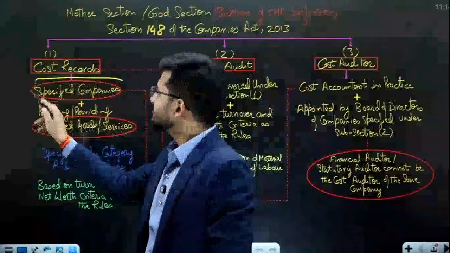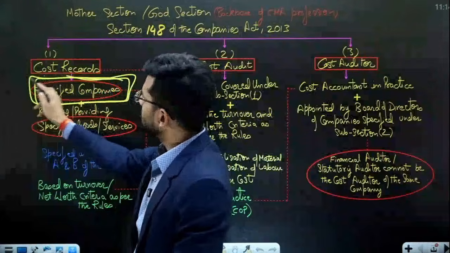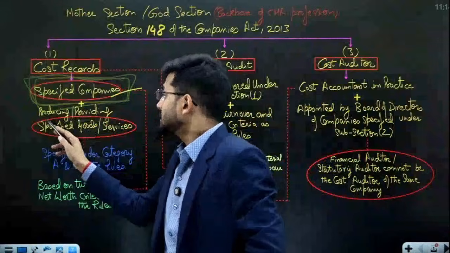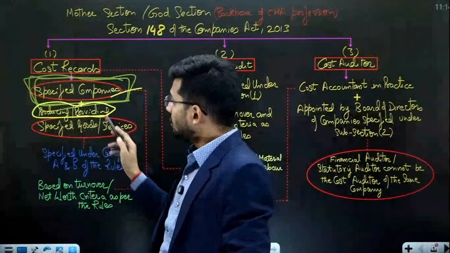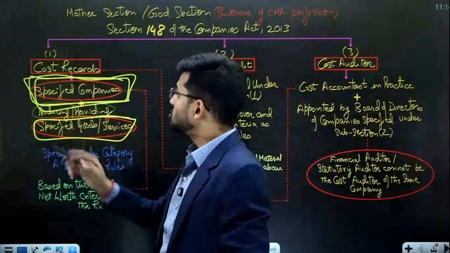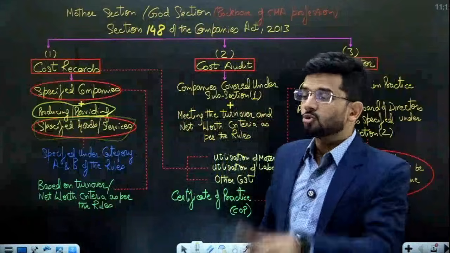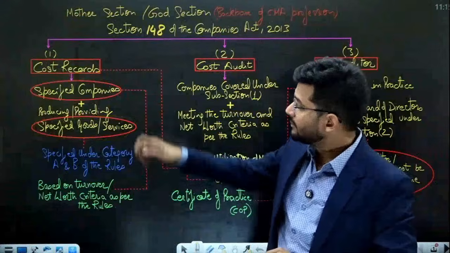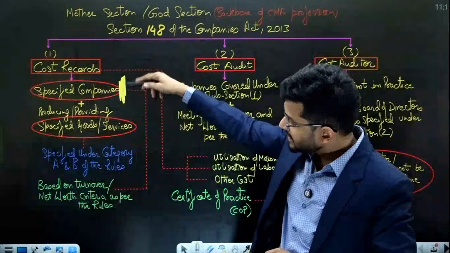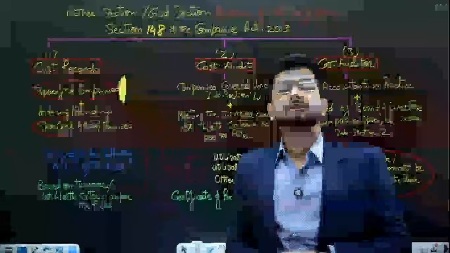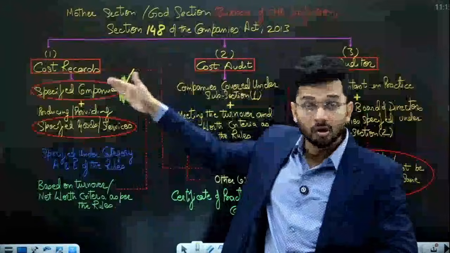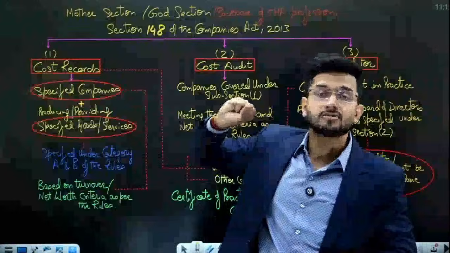Okay. So specified companies are required to prepare their cost records, only specified companies, not all the companies, plus companies who are producing or providing specified goods or services. So there are two thresholds listed by this subsection. Number one, you should be a specified company, which means you should fulfill the turnover based criteria given in this subsection.